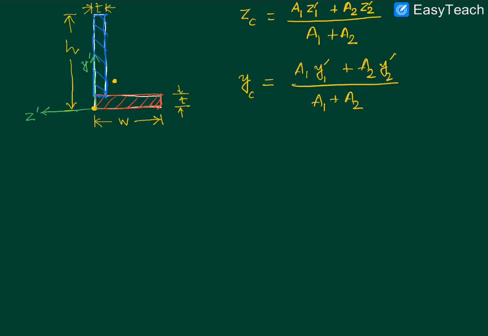What we need to do next is to set up our centroidal axis, the real axis which we would actually be using to solve our problem. Because again, we remind ourselves that in order to use the mathematical framework to find out the bending stresses and the orientation of the neutral axis, we cannot use the y dash and the z dash axis. What we have to use is a pair of axes passing through the centroid. Okay.